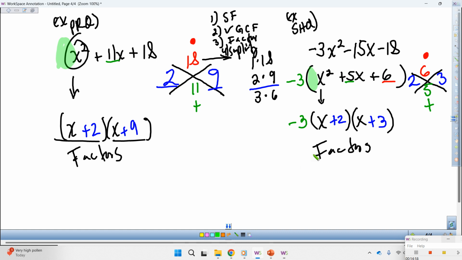That's how I am able to go straight from here to here. What do you guys notice? That there is no number in front of the x squared. Do you guys notice that? That's the only time we can go from here straight to here. Okay? Because today, I'm going to show you the next layer that's coming up, which is this one.